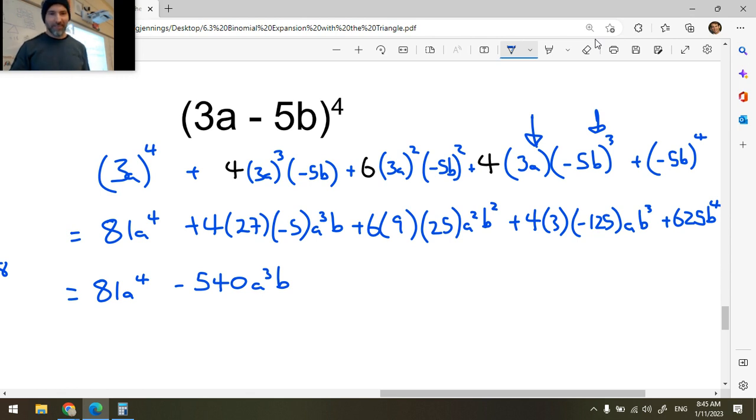And your calculator would tell you the same thing. A squared b squared. 4 times 3 is 12. We can do it the other way. 4 times 125 is negative 500. Negative 500 times 3 is negative 1500.